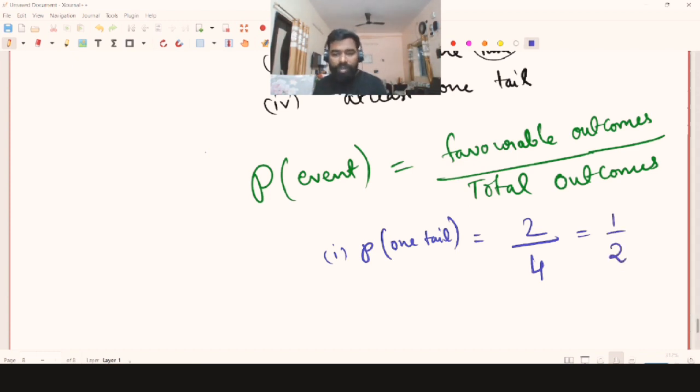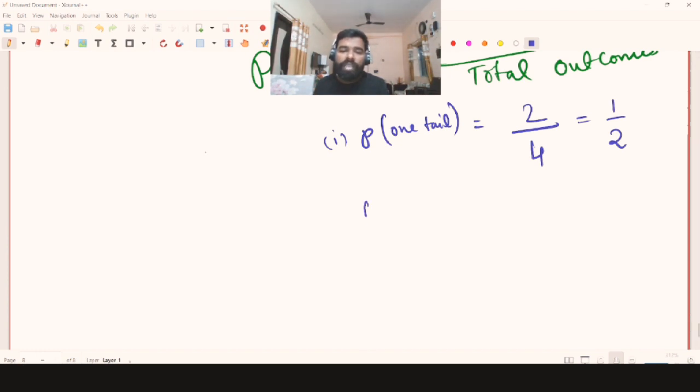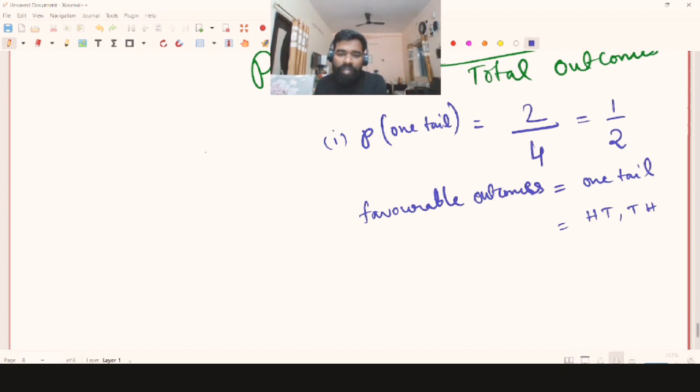It's very simple, but you cannot write it directly like this. So first you write how many favorable outcomes there are, that is one tail: you have head tail, tail head, the two cases we have.